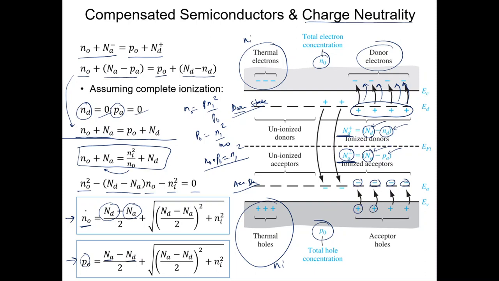If you start with the electron concentration and then calculate the hole concentration, make sure that you use the electron concentration formula only when Nd is greater than Na. Otherwise, you start with the hole concentration. If Na is greater than Nd, then you first calculate the hole concentration, and then using this formula, you calculate the electron concentration. Keep that in mind. You cannot use these two formulas simultaneously to calculate both electron and hole concentration.